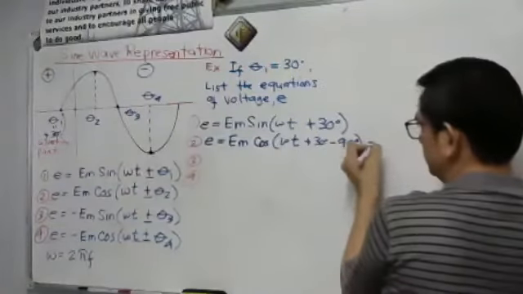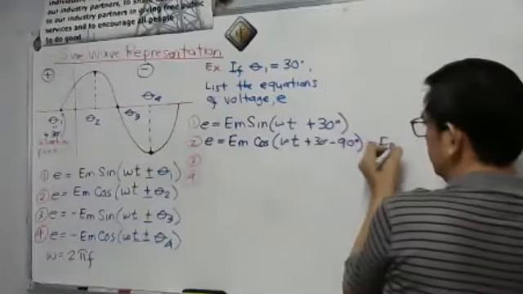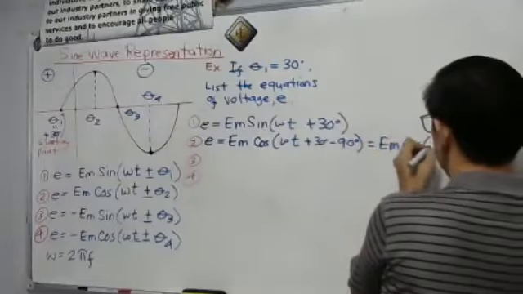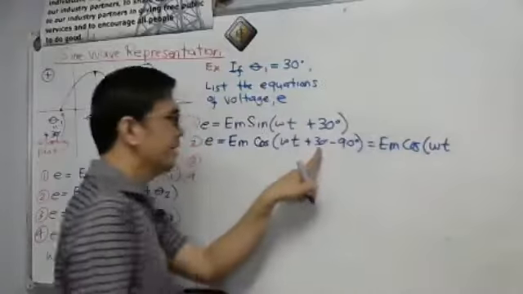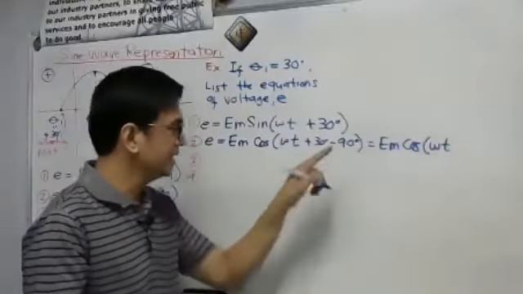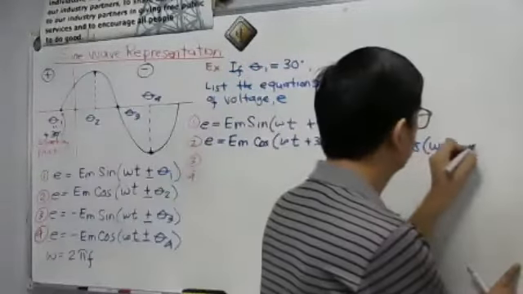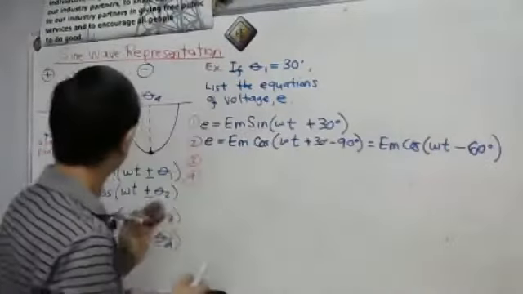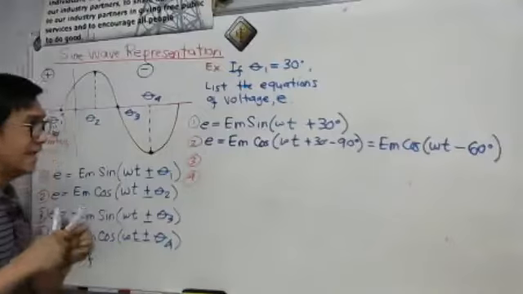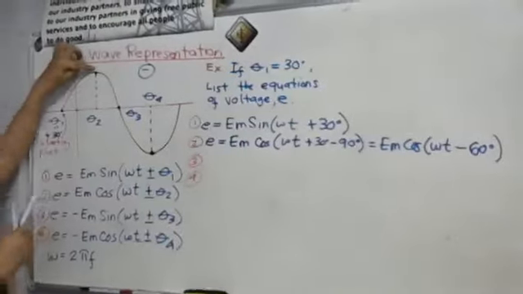From sine to cosine, you subtract by 90 degrees. So how much is this? That will become E sub m cosine omega t. So positive 30 minus 90 degrees is negative 60 degrees. But where is negative 60 degrees? That is the location of the positive peak value.